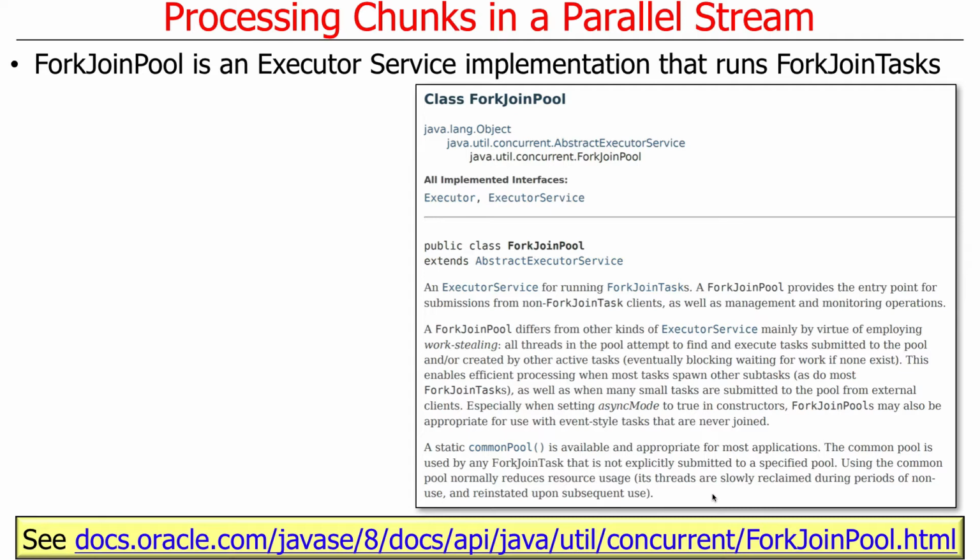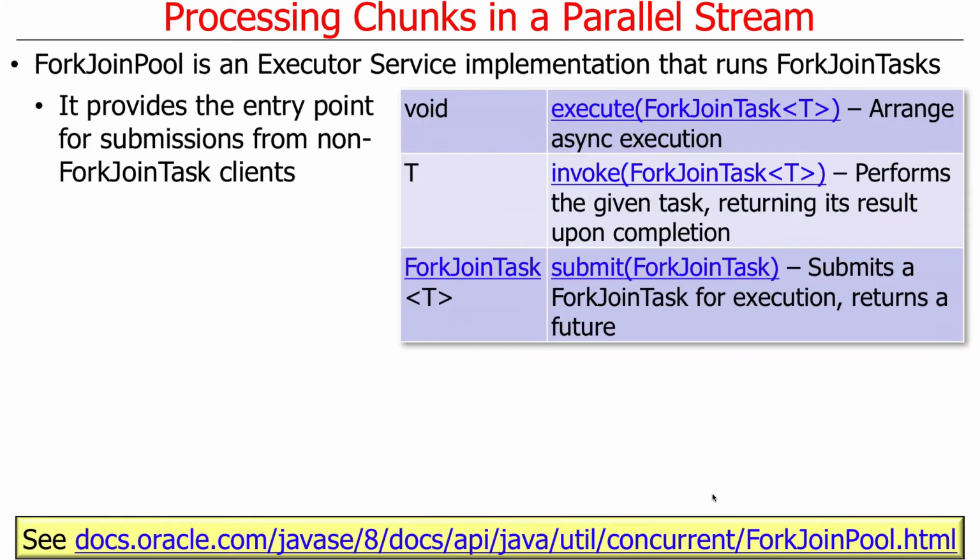And so fork join pool is a class, and it provides some entry points to submit work to run from non-fork join task clients, as well as, we'll see, once something is a fork join pool thing, there's other APIs for working with that.